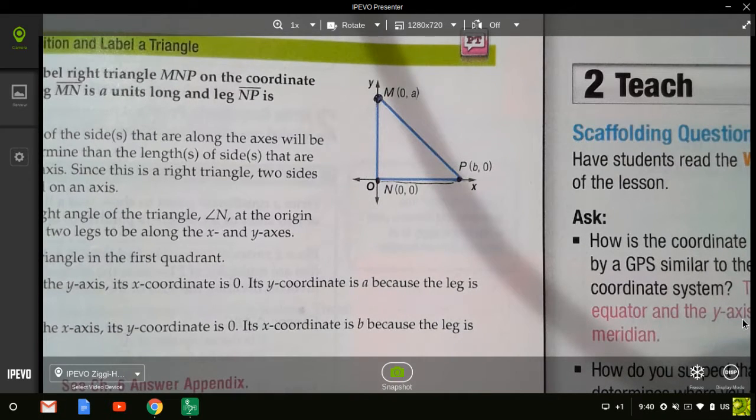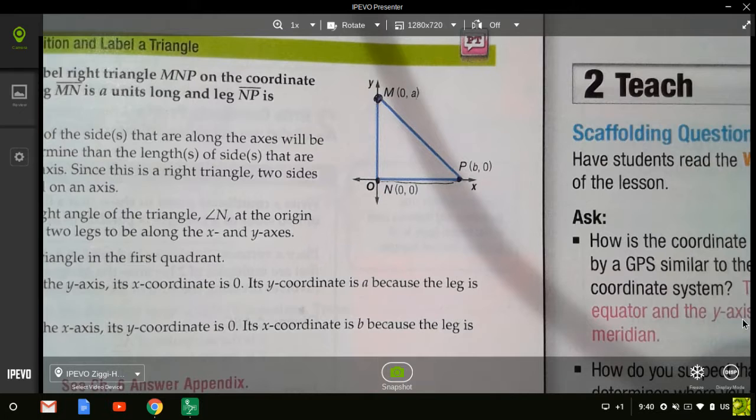Okay, and then answer me this. How come this, however, is B, comma 0? Someone else. Do you want to go first, Jeremy? Okay, so it goes along the x-axis, so it's the same thing as the y-axis, just on the x-axis. So that means that the Y coordinate is 0. Very good.